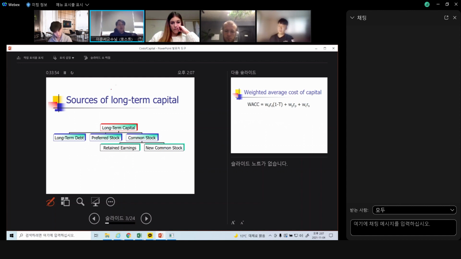All right, so let's take a look at the sources of long-term capital. For short-term capital, the major resource is that we can borrow money from the bank or a financial institution. But for long-term capital, we cannot borrow a huge amount of money from the bank for a long time. So for long-term capital, there are three resources.